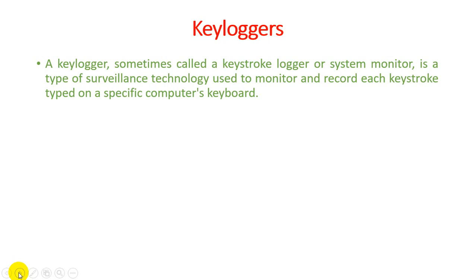Further, some person can record our keystrokes, meaning whatever we are typing or writing with the keys is recorded by the user with the help of a keylogger, using the keywords or the ASCII code.